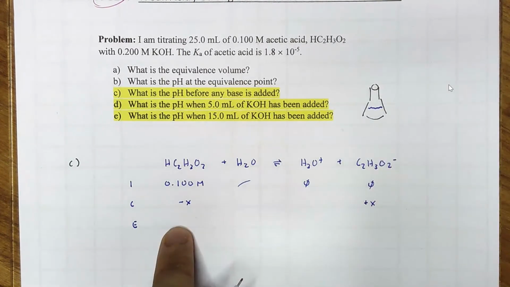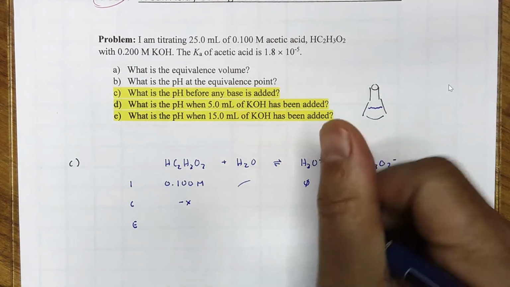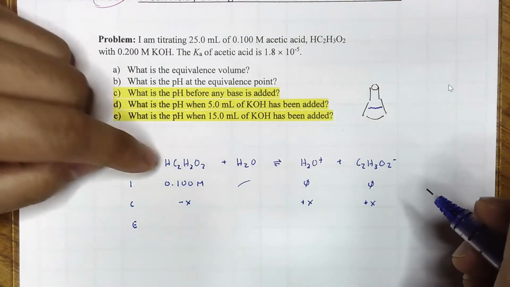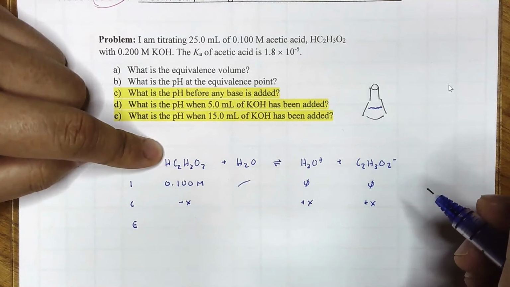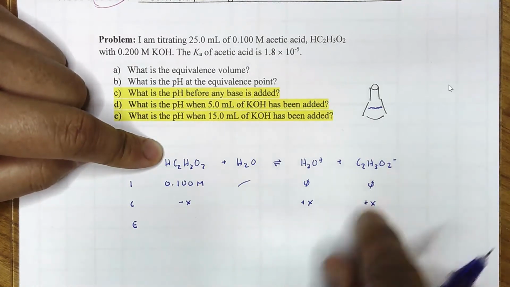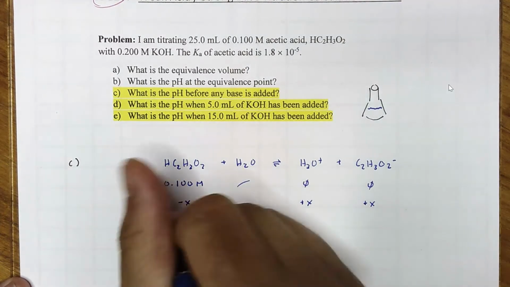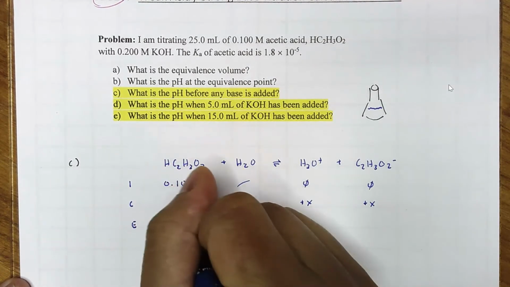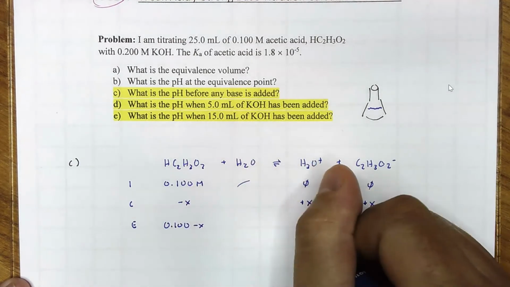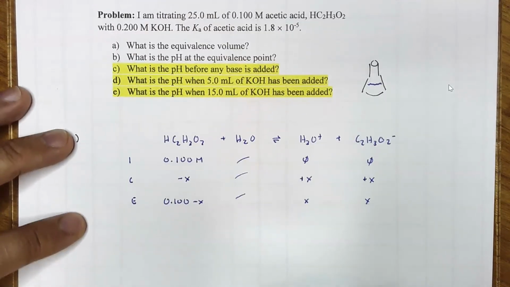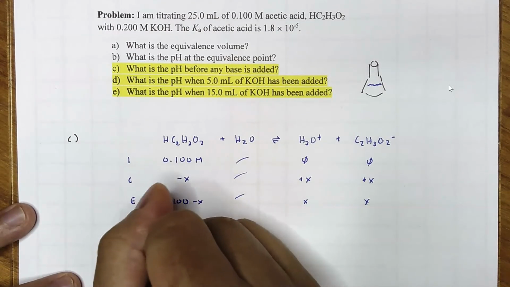So minus x and plus x, and this is also plus x. For every one molecule of acid we lose, we get one molecule of H3O+ and one molecule of the conjugate base. Then the equilibrium values are these, and we have a Ka of 1.8 times 10 to the minus 5.